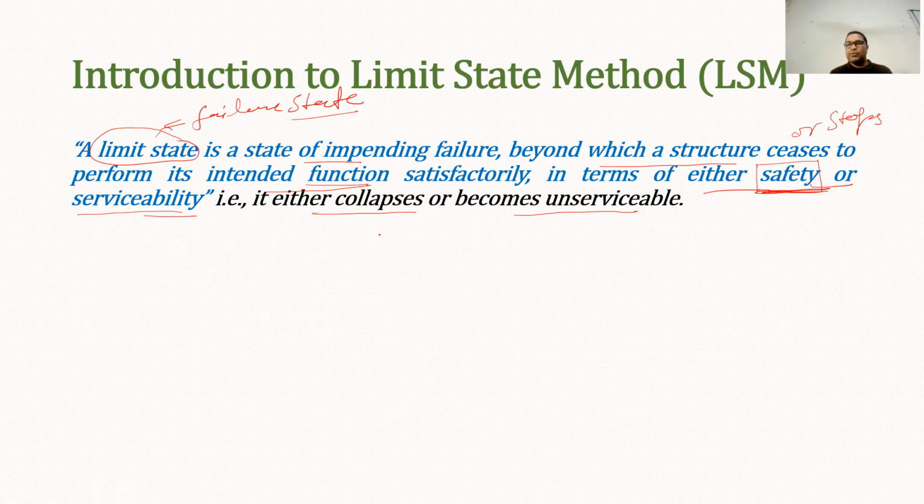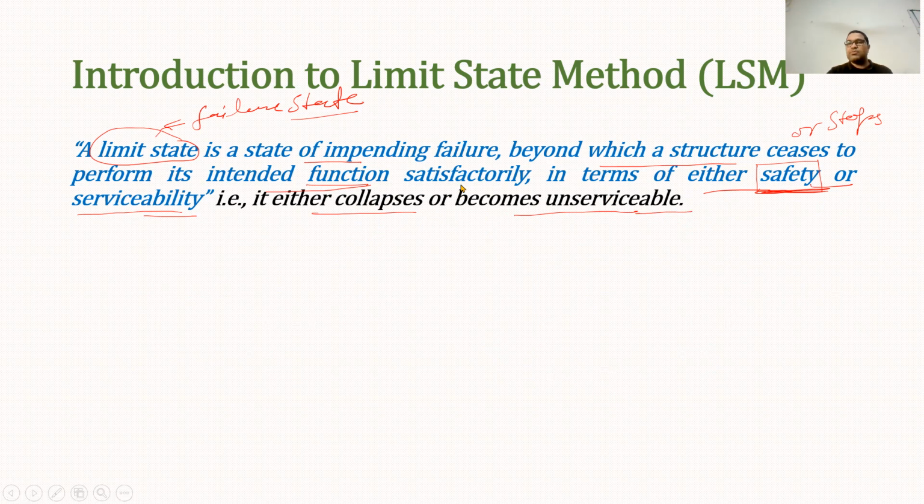Because of the load, if the structure collapses, we consider that the limit state has occurred. And if by chance it has not collapsed but it is unserviceable, or it is not able to serve its function, in that case also we say that the limit state has been reached.